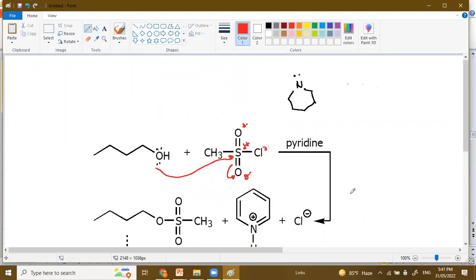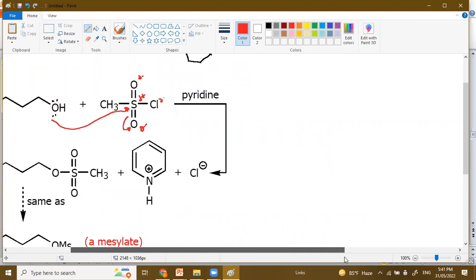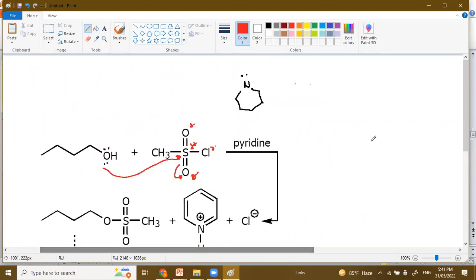Let's just form this one first. Once you form this, you will have your O, and you'll form with sulfur a double bond O, and you have your O.